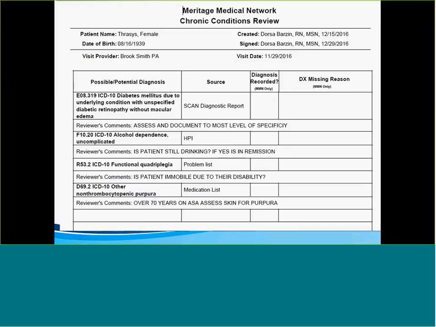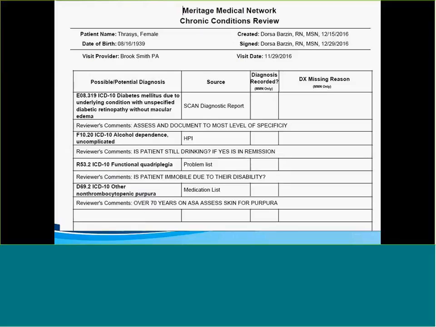That means we found it from claims, I guess. And the review committee asks you to assess and document at the highest level of specificity. The next potential code is alcohol dependence, uncomplicated. The review comment to you: if the patient's still drinking, change it to alcohol in remission. And she got this source from an HPI that you probably wrote the year prior. Functional quadriplegia. Now, this is one that may not apply.